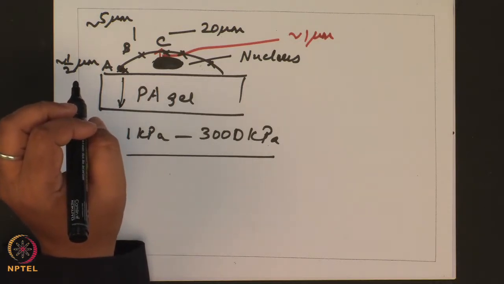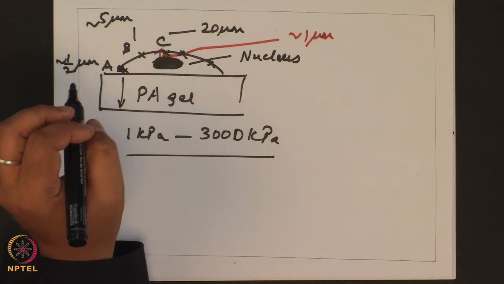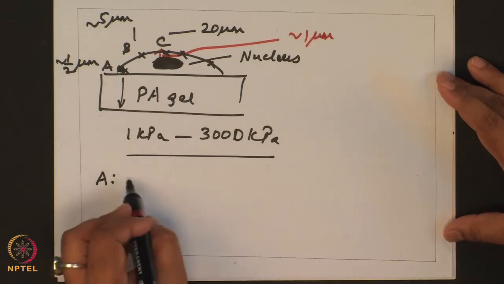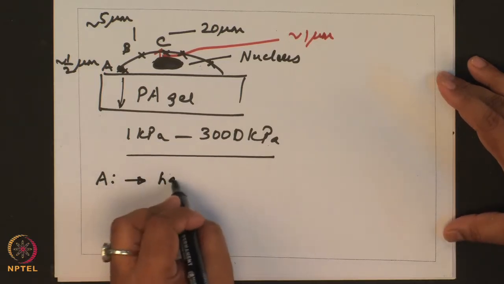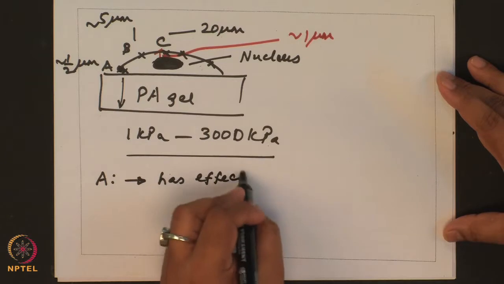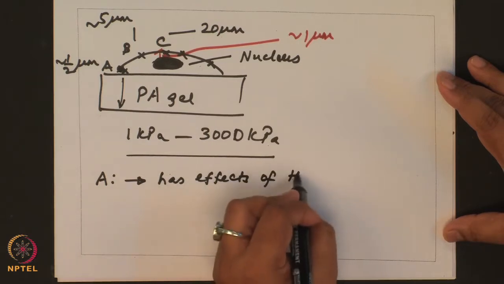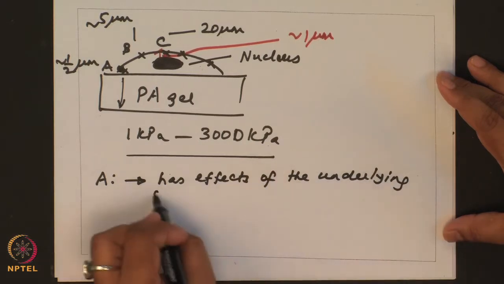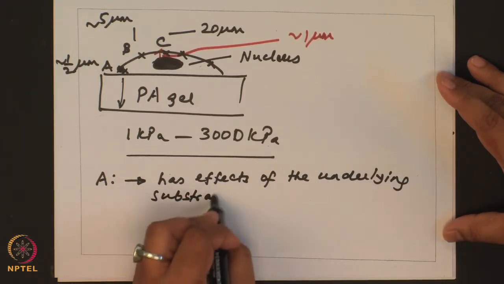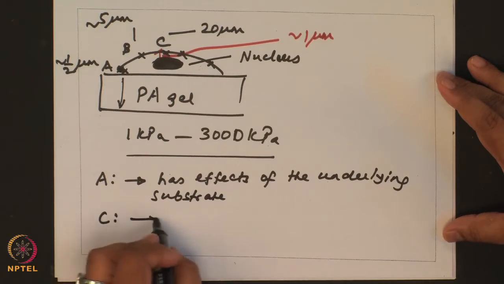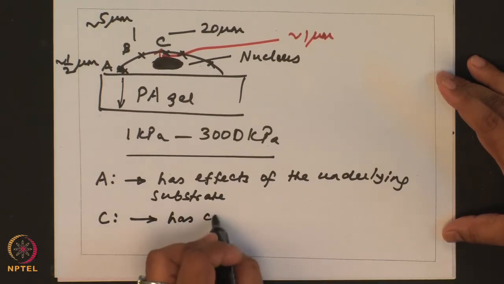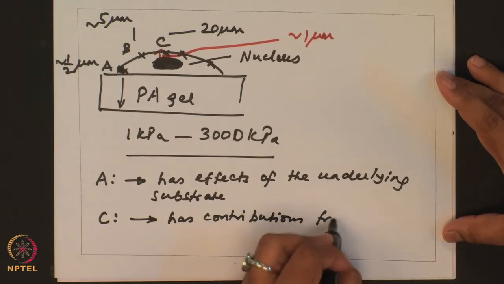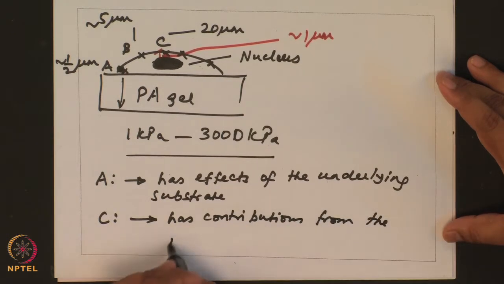So, what are the factors that contribute? At point A, whatever you measure or estimate has effects of the underlying substrate. At point C it has contributions from the nucleus.